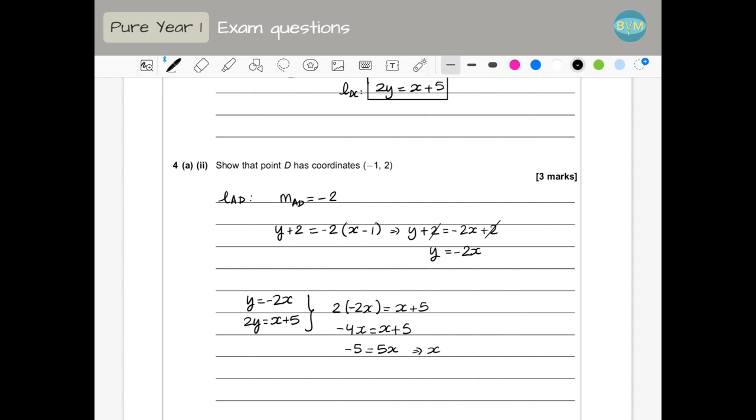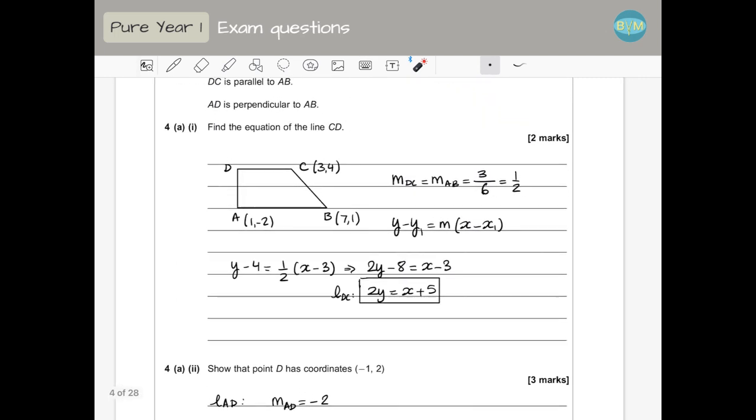Therefore, x is minus 1. And y is minus 2 times x, so y is 2. That's the point (-1, 2) that they asked for.